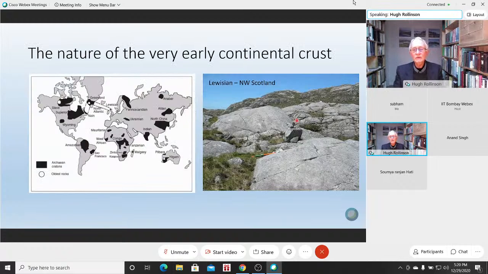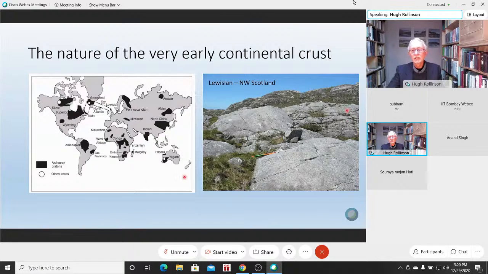So when we look at the nature of the very earliest continental crust, we find the rocks scattered all over the globe. So the areas in black are those where we find these ancient rocks, Archean cratons as we call them, and you will see very substantial amounts of these rocks in India.